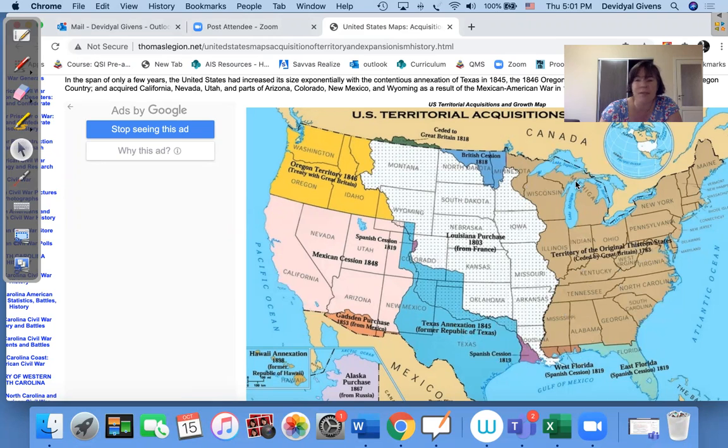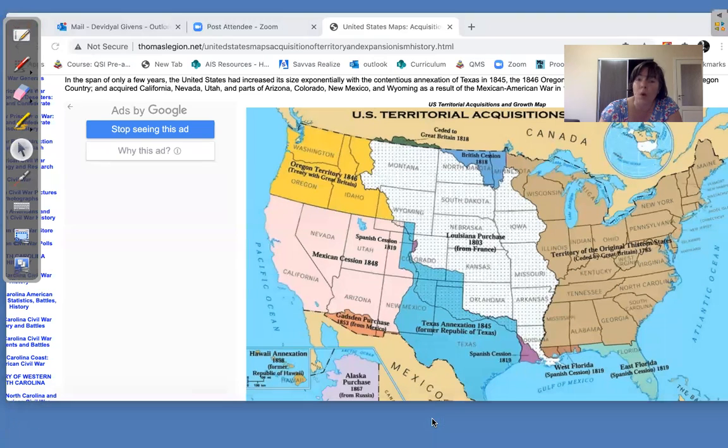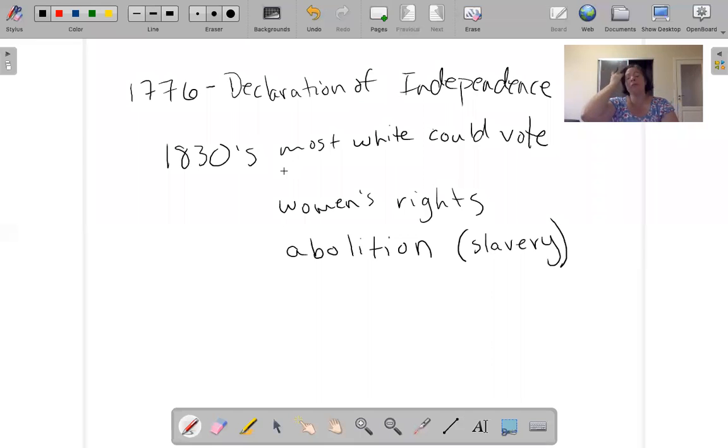The South wanted slaves, the North did not, and they fought a war over it. I wish I had more time to go into it, but I really don't. So there was a war fought, and the North won. And because the North won, slavery was ended.